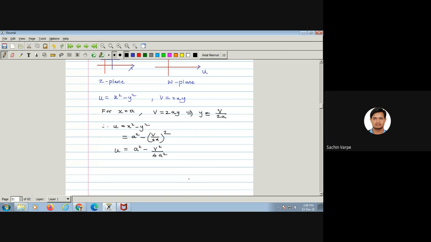So tell me, what is this in the w plane? It represents what? As we all know, y equal to x square, what is this? y equal to x square represents what in the xy plane?